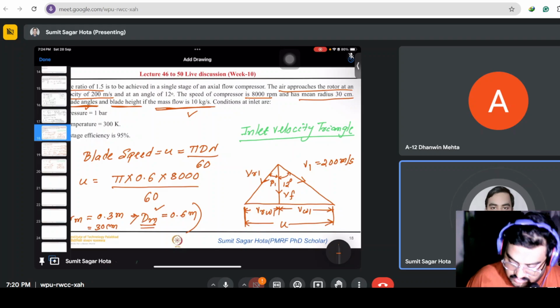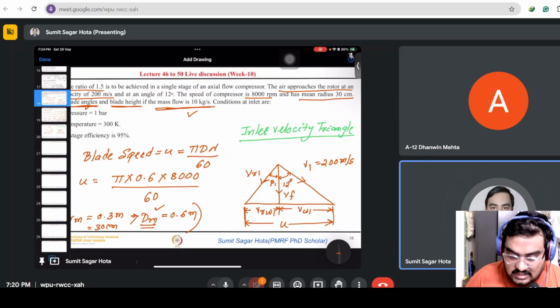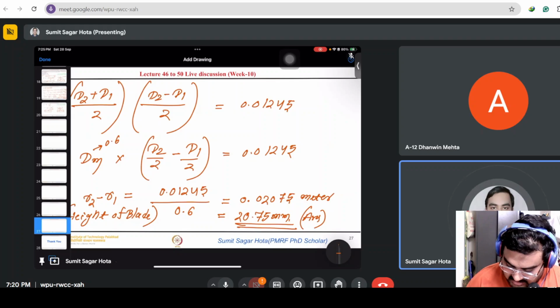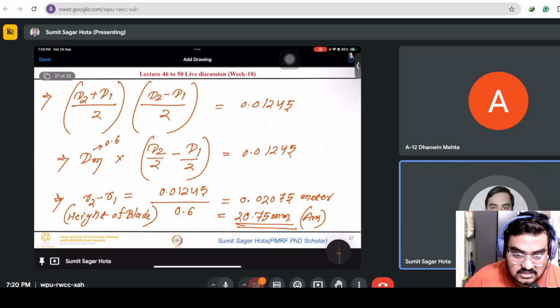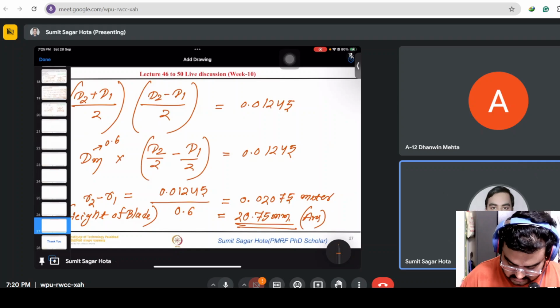Blade angle means both inlet and exit we need to find out, and I also found the blade height. So all the values we have found.